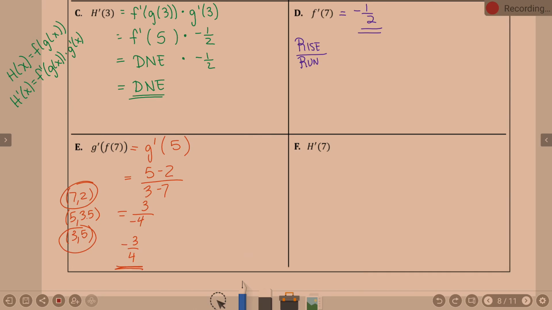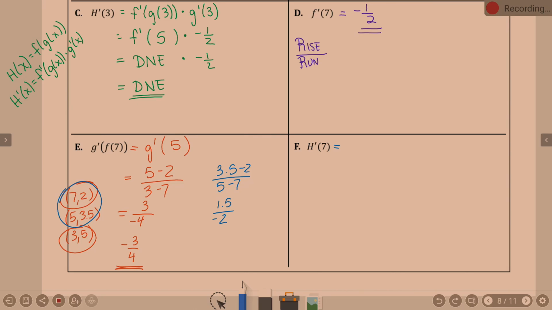H prime of 7. How did you get -3? I got -1. What points did you use? 5, 3.5, and 7.2. So you use those two? So 3.5 minus 2 over 5 minus 7. So 1.5 over -2.